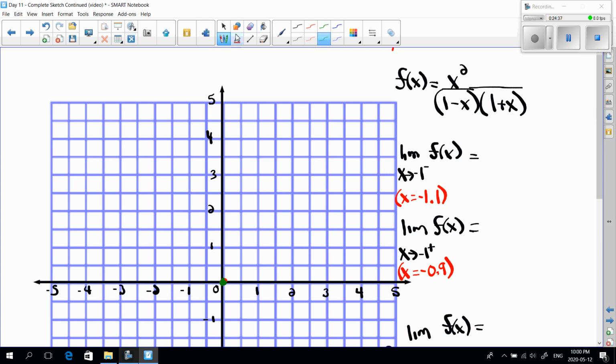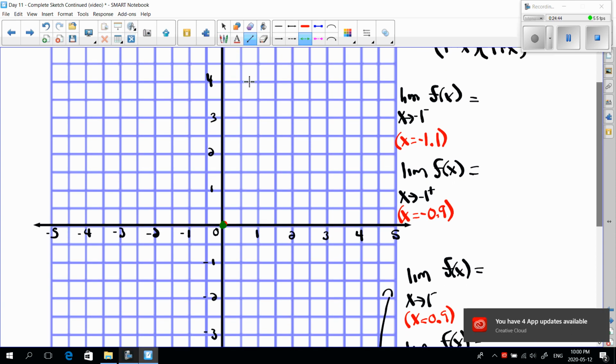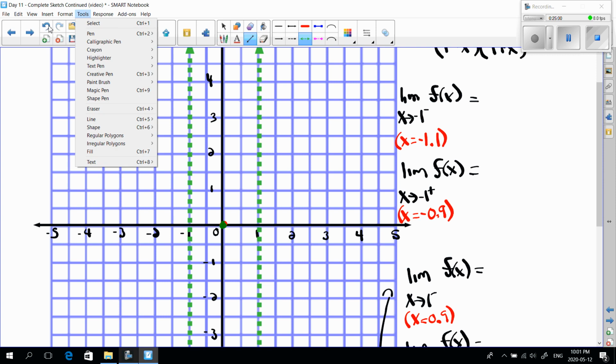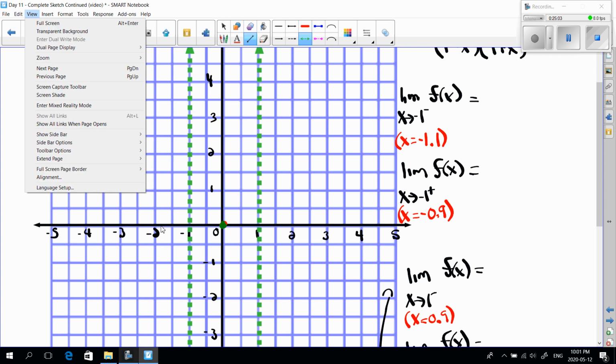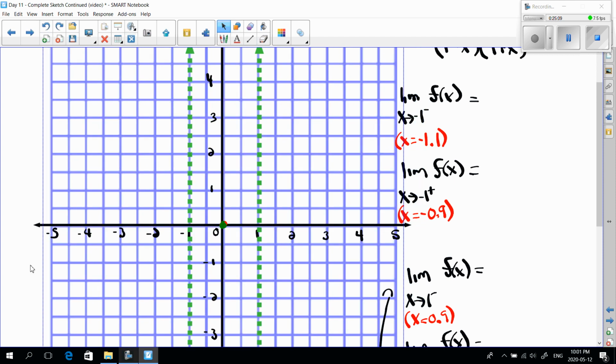Then I would place my vertical asymptotes. So what I'll do is I'll draw a vertical line at -1 and a vertical line at +1. These steer my curve. I'll also draw a horizontal line because there's a horizontal asymptote, oops, at -1.